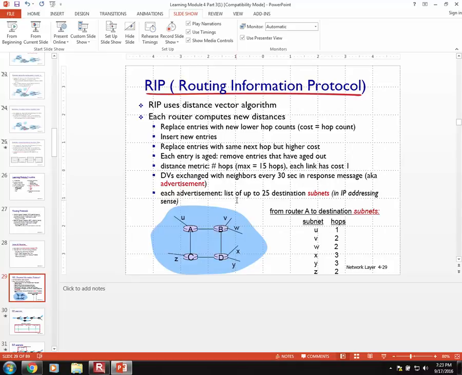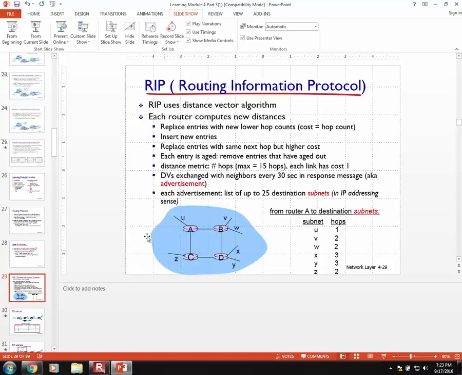So here we have a little example of a little network with 4 different routers that are attached to, well, these aren't listed, but as far as external subnets, there's 1, 2, 3, 4, 5, 6. And basically what you see from the perspective of router A, subnet U is connected directly, so it's only 1 hop.